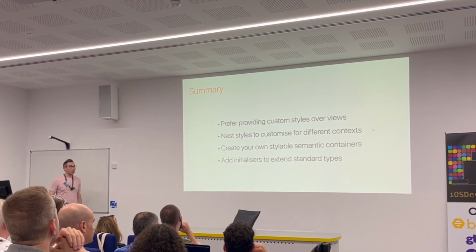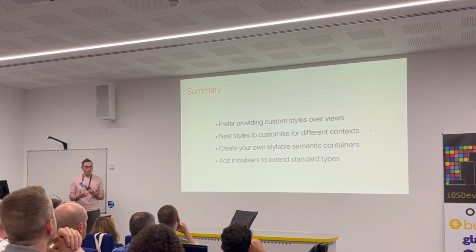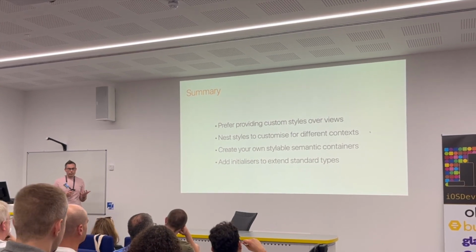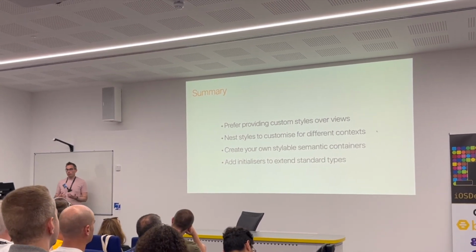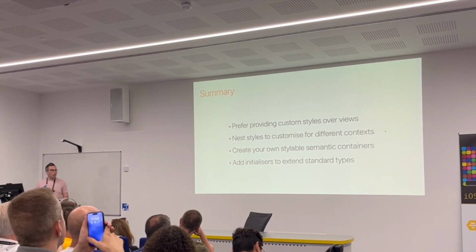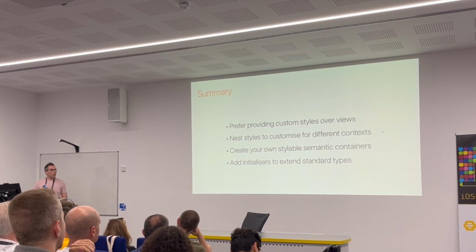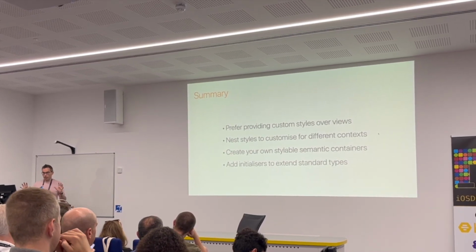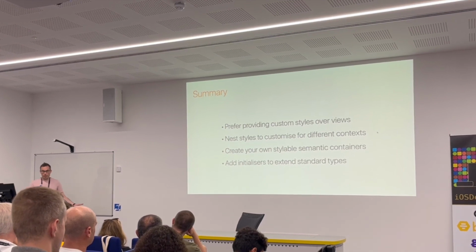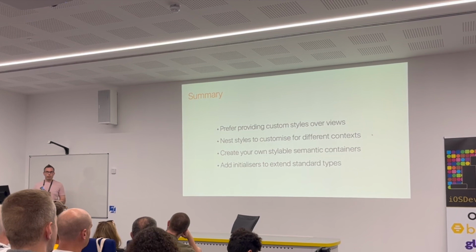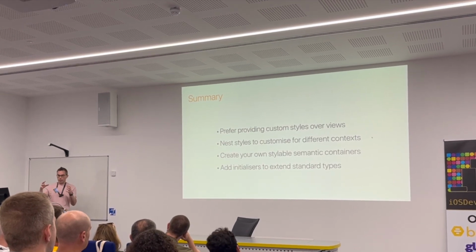So in summary, when doing these design system things, I'd say prefer using custom styles over views. They're really powerful, they nest, and they're way more discoverable. Nest the styles, because the less code you write, the less code everyone else has to learn. And these semantic containers are really useful for when you want to use them in different contexts.